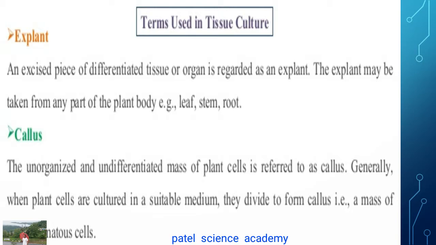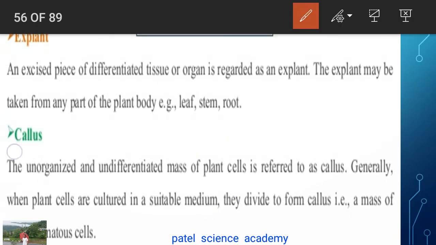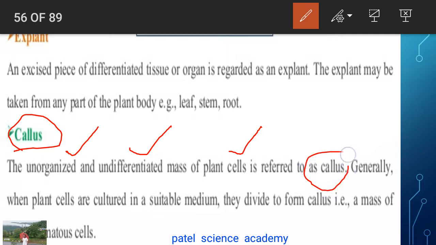Then the next part is callus. And what is callus? Dear students, callus means the unorganized and undifferentiated mass of plant cells.